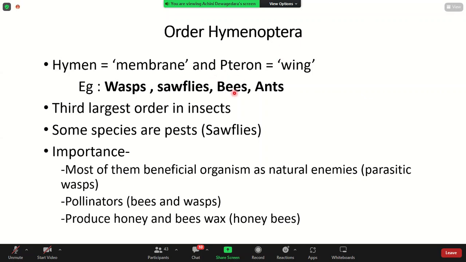Just try to remember bees and their wings. They have membranous wings, and these are the third largest order in the Insecta. Out of them, some are pests, some are beneficial. Can you tell me some beneficial insects from this?